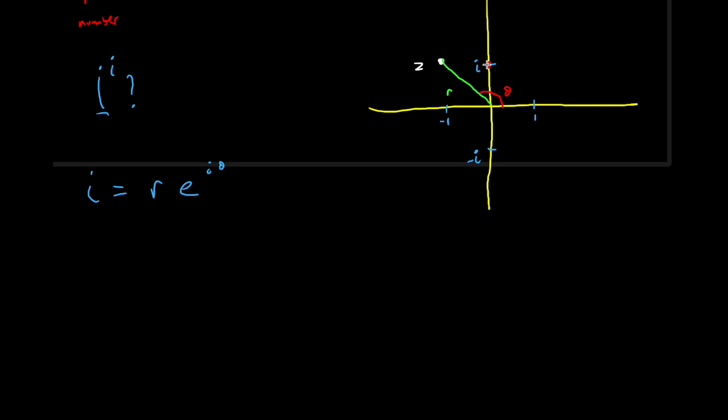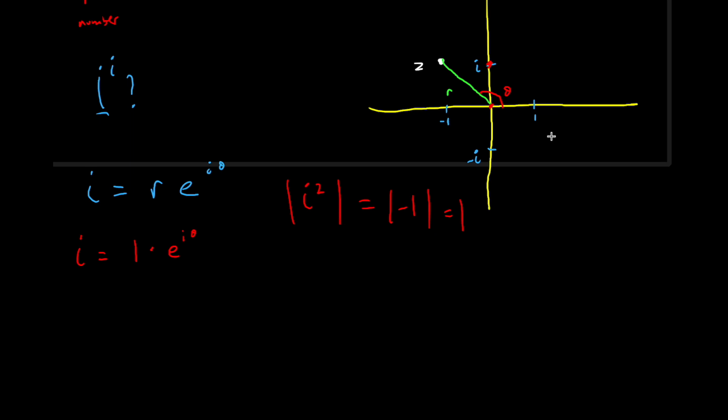Here's i, here's 0. Looks like the magnitude's 1, right? And to make sure, the absolute value of i squared is the absolute value of -1, which is 1. So i is equal to 1 times e to the power i theta.